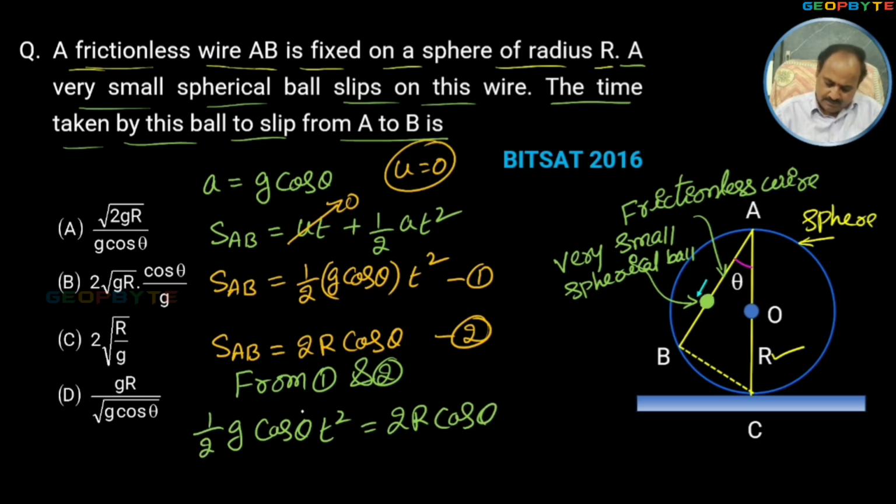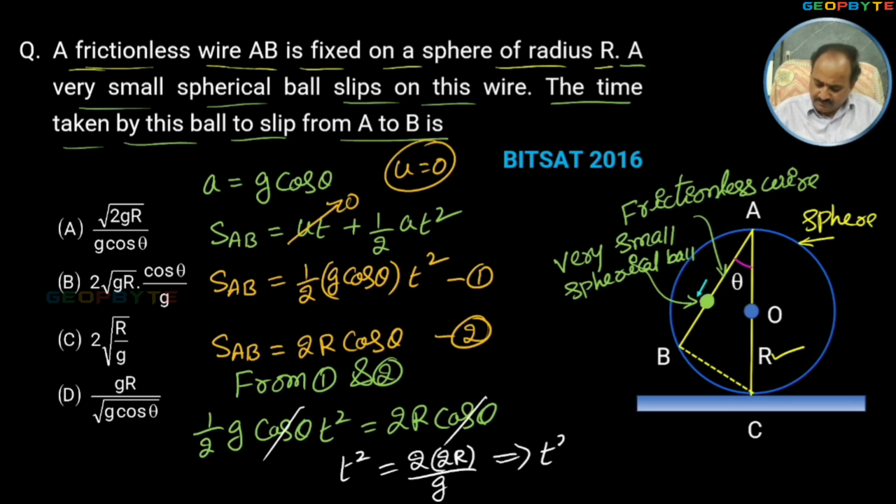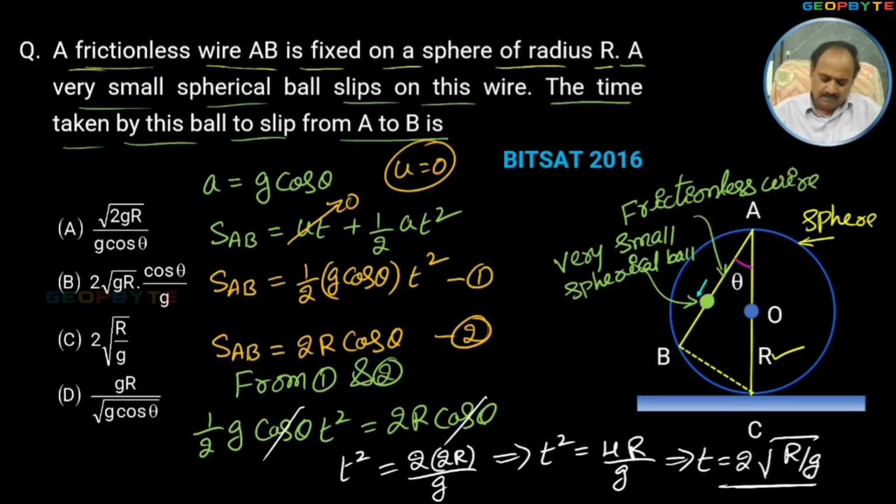This cos theta part is cancelled. Then I can write that t square equals 2 into 2r by g. From this, t square equals 4r by g, or t equals root 4r by g, root 4 equals 2 only, 2 into root over r by g. That is the time taken.